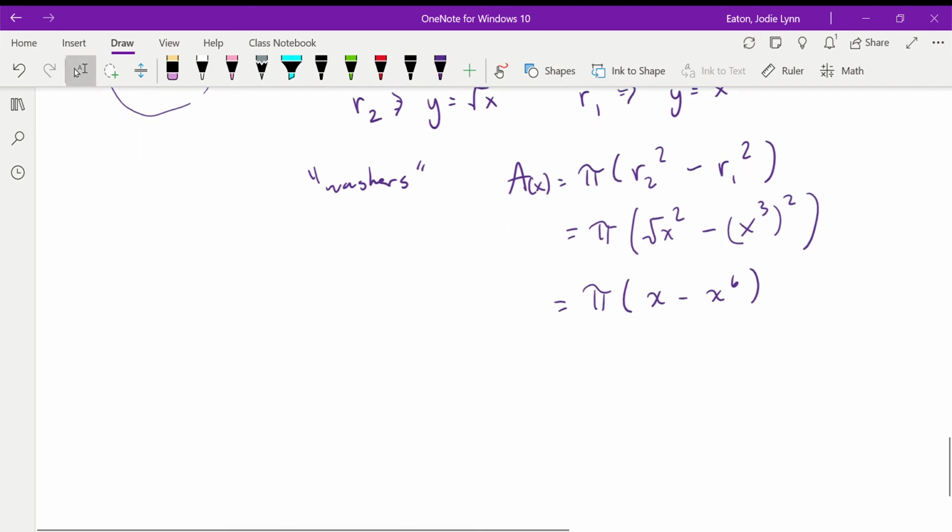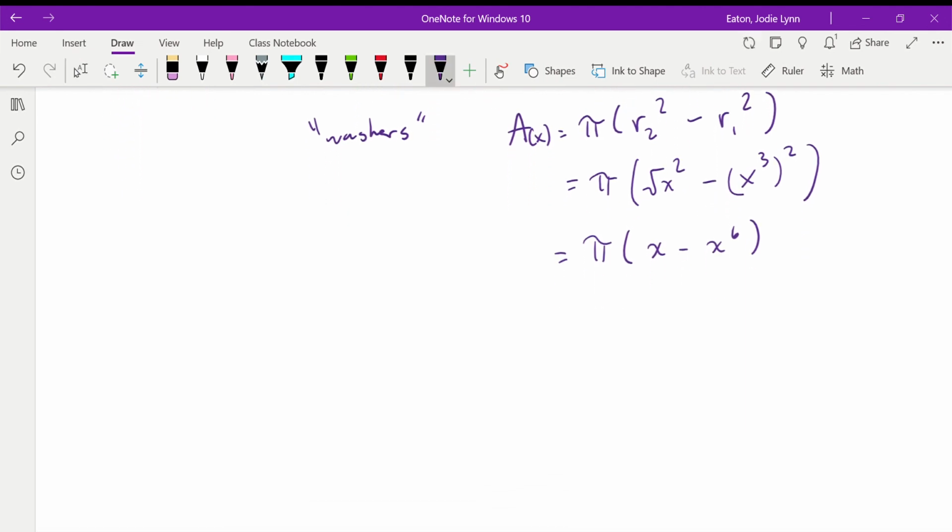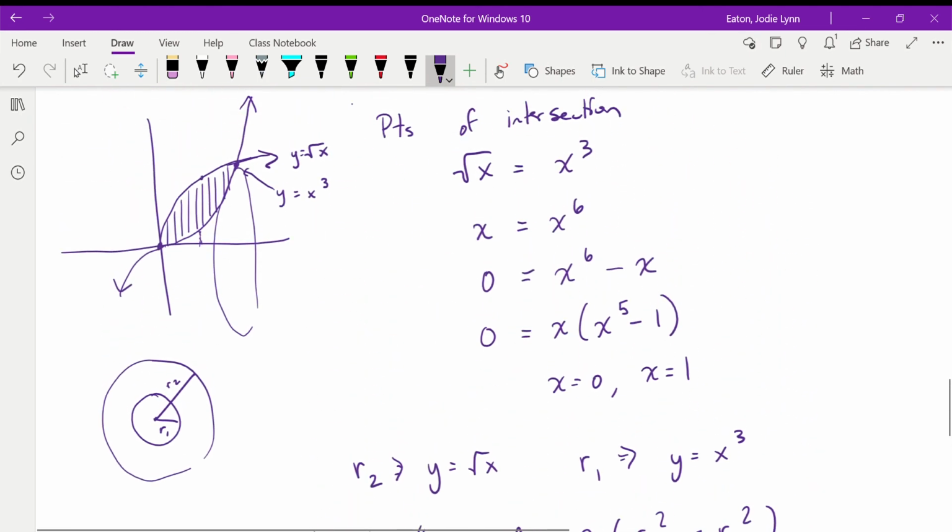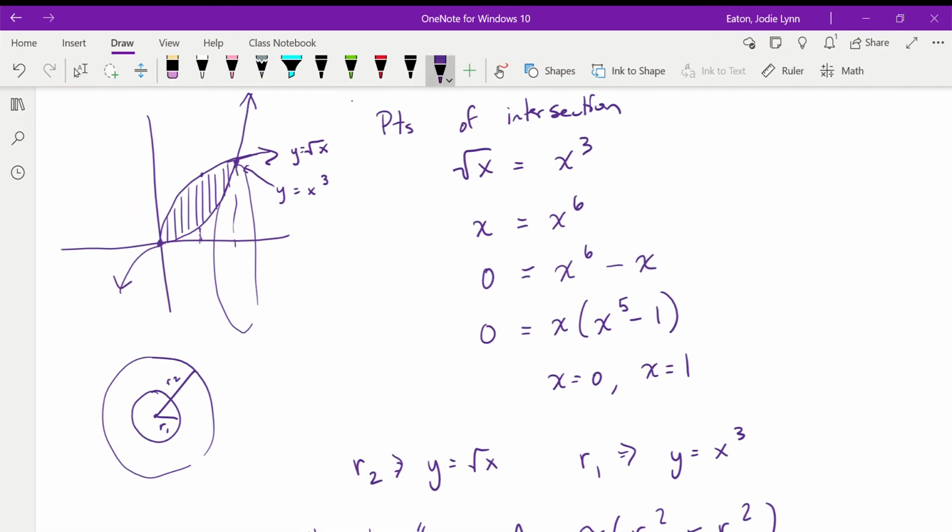So we're going to be integrating these washers from x equals 0 to 1. That's the distance between our points of intersection.